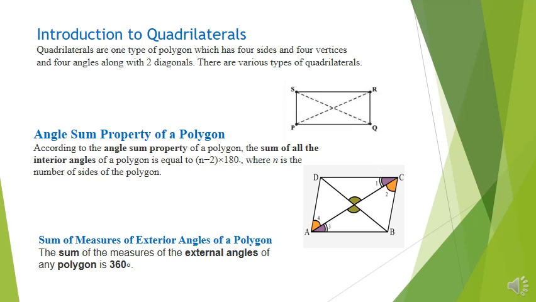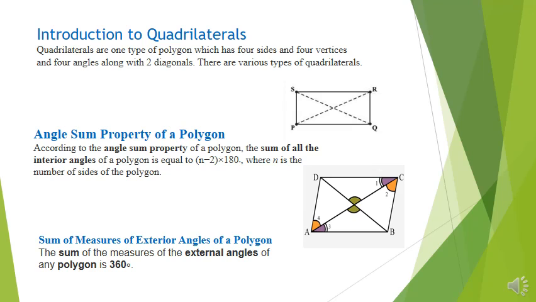If we have to find the sum of interior angles of any polygon, we have a formula: (n minus 2) into 180, where n is the number of sides of the polygon.